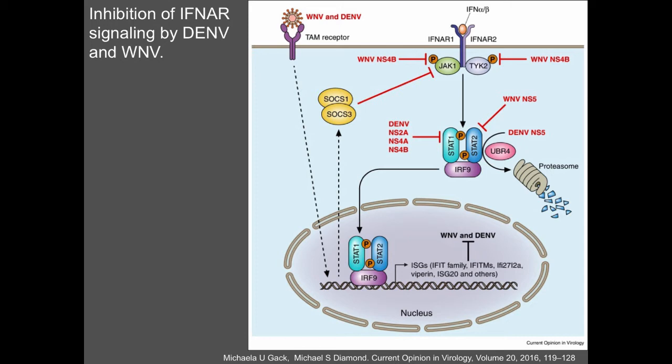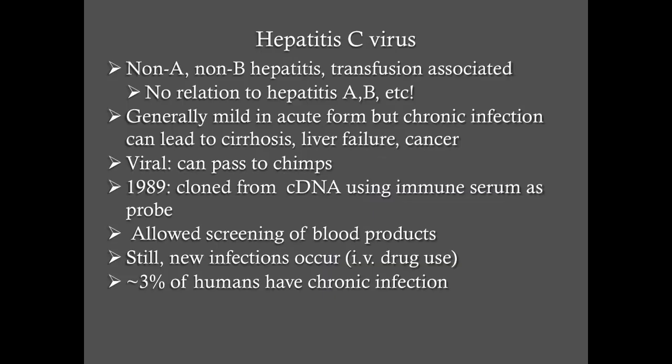So, all right, we've replicated the viruses. Just a few words on some of the other members of the family Flaviviridae. So hepatitis C virus, originally defined as hepatitis, liver inflammation.